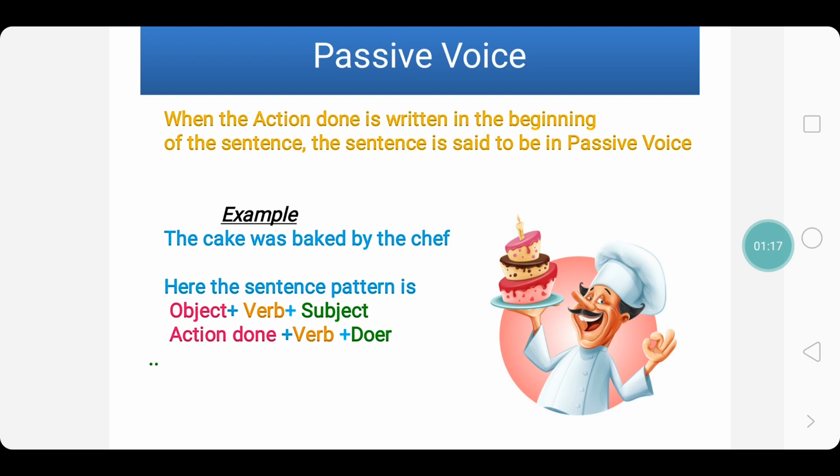Here, the action is given more importance. Here, the sentence pattern is action done plus verb plus the doer. That is, the object of the sentence in the active voice comes as a subject here, then the verb, and then it is followed by the subject of the sentence in active voice.